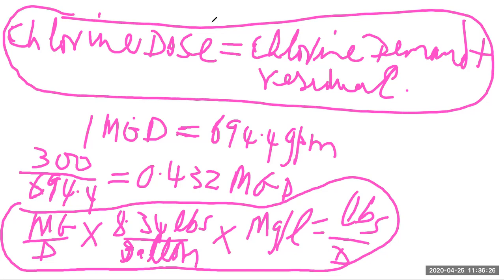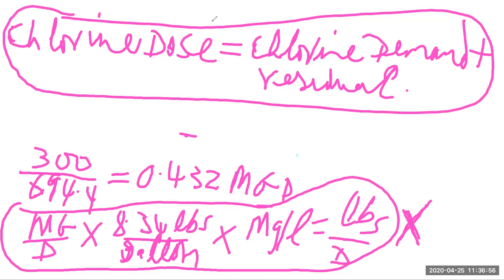Now this one here, when you go on your formula sheet, you would see it as, and it's just a matter of transposing. You have the feed here, the flow here, and the dose here. So if I make the dosage the subject of the equation, or in other words, I'm expressing the dosage in terms of the other things that I have, the feed and the flow, this is what the formula does.